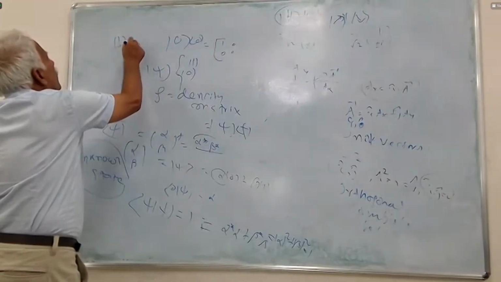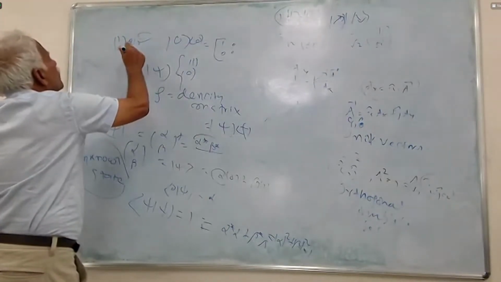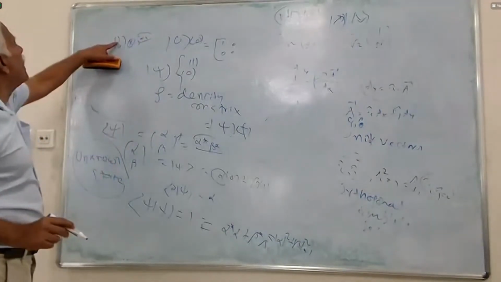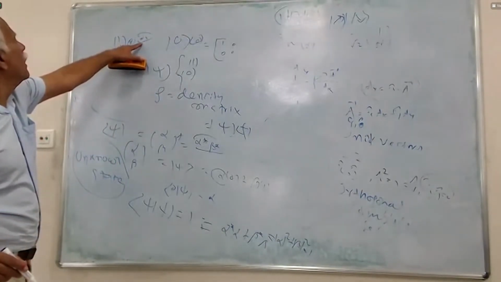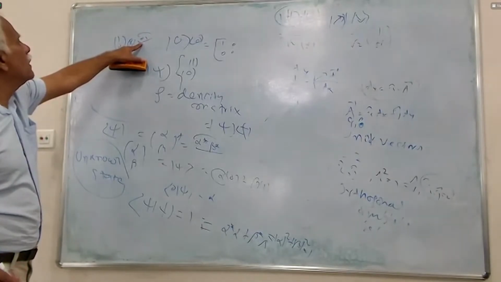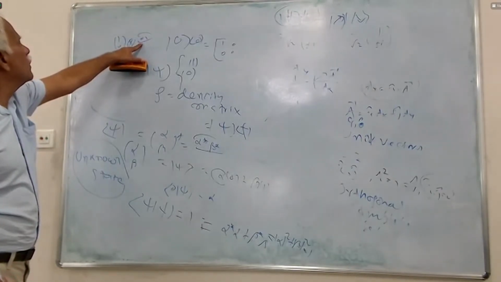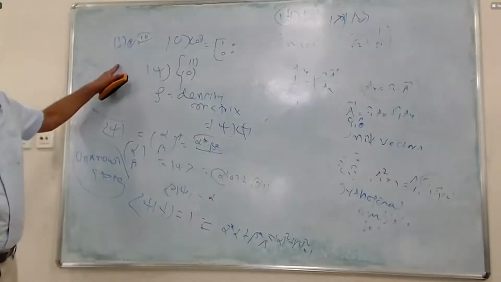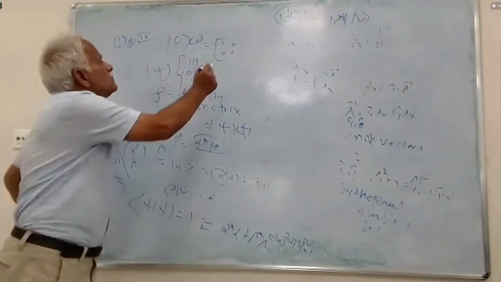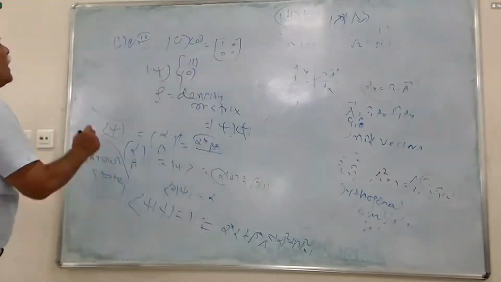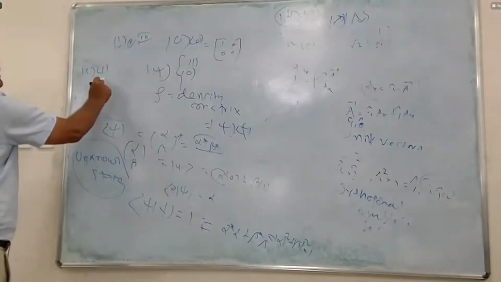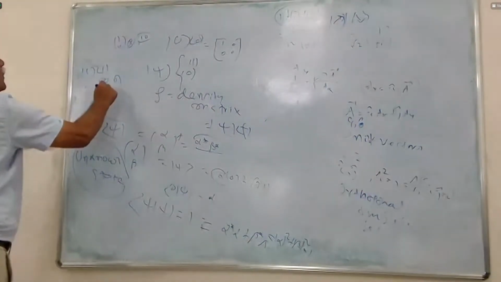Outer product, whatever you call it, with 1, 0. Am I making a mistake? Then it is 1. And the others are 0, 0, 0. Okay.